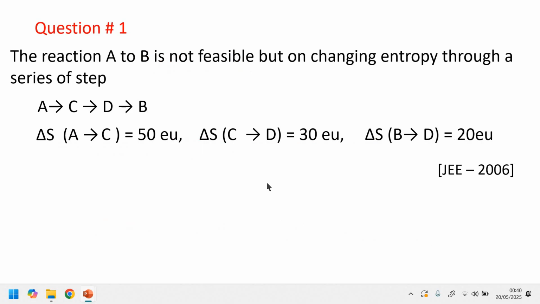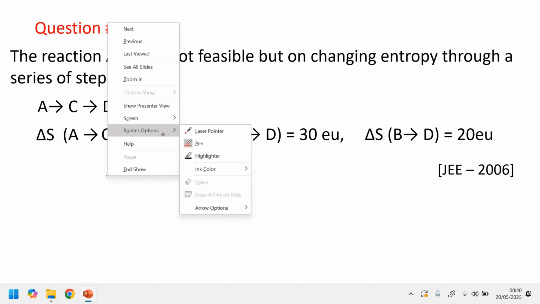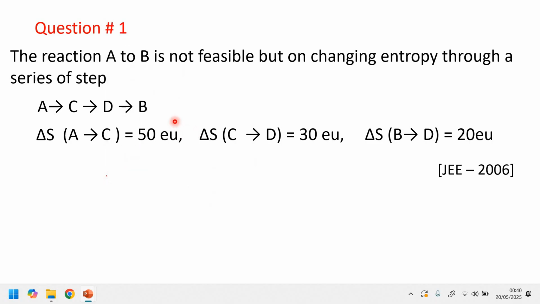Question number 1. The reaction A to B is not feasible, but on changing the entropy through a series of steps, that is A to C, then C to D, D to B, they have given the values: delta S A to C is 50 entropy units, delta S C to D is 30 entropy units, delta S B to D is 20 entropy units.